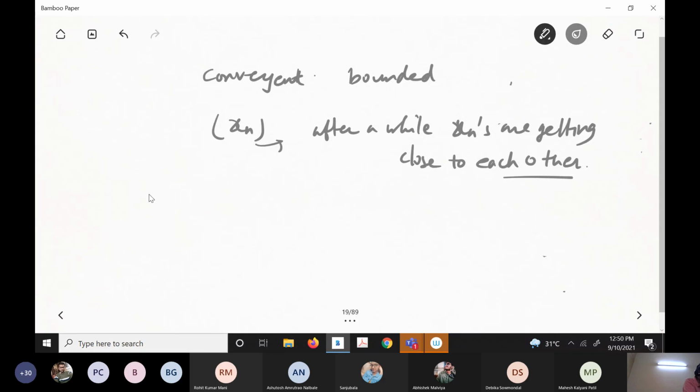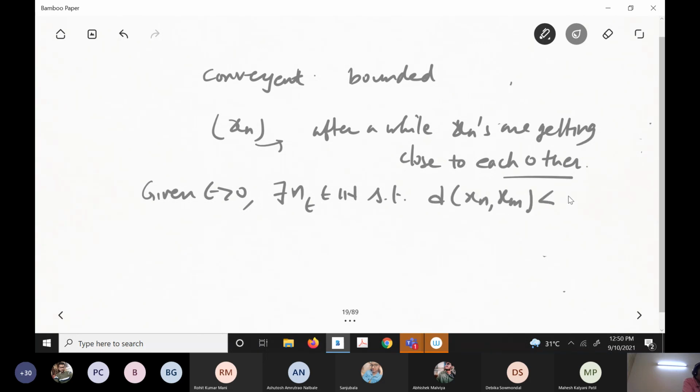That means what I am saying is: given epsilon greater than 0, there exists an N epsilon, depending on this, such that the distance between x_n and x_m is less than epsilon for all n, m greater than or equal to N epsilon. Look at the difference with the convergent sequence.